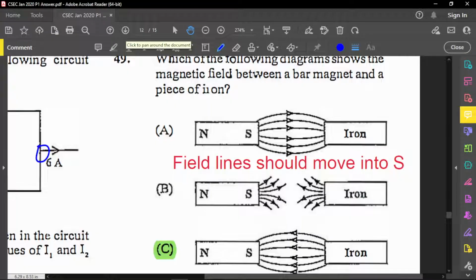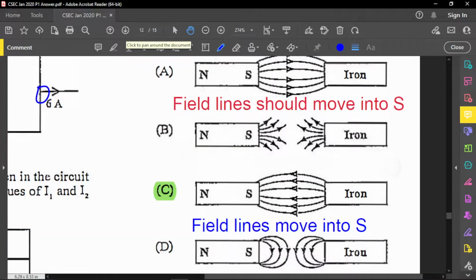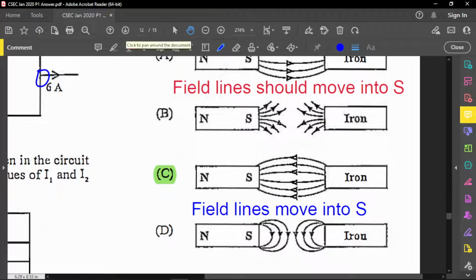The first one looks good, but what is happening is that the field lines should move from north into south. Notice the arrows are going from south into the iron. That's not how magnets work. The south receives the field lines, the north pushes them out. And so C is correct because the field lines are moving into S.